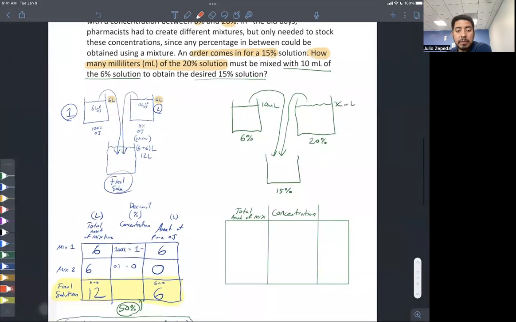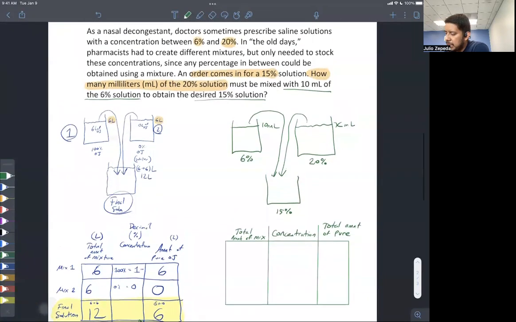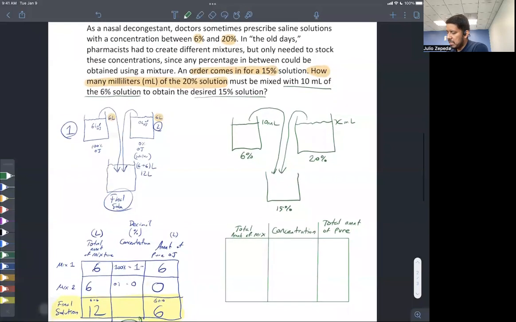The total amount of the mixture times the concentration is going to give us the total amount of pure, and in the saline solution, we're interested in the amount of pure salt.